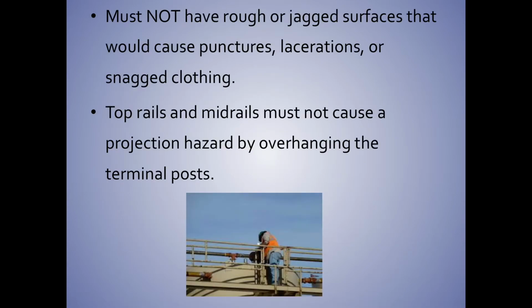They must not have rough or jagged surfaces that would cause punctures, lacerations, or snag clothing. Top rails and mid-rails must not cause a projection hazard by overhanging the terminal post.